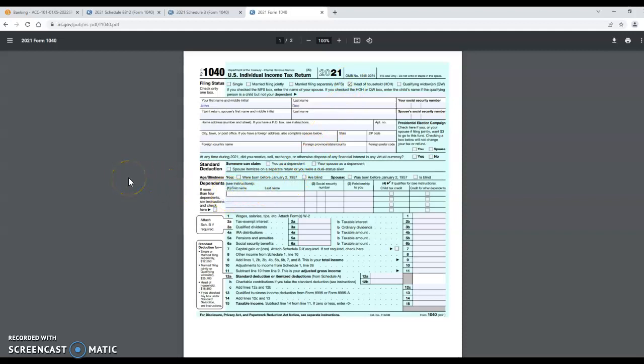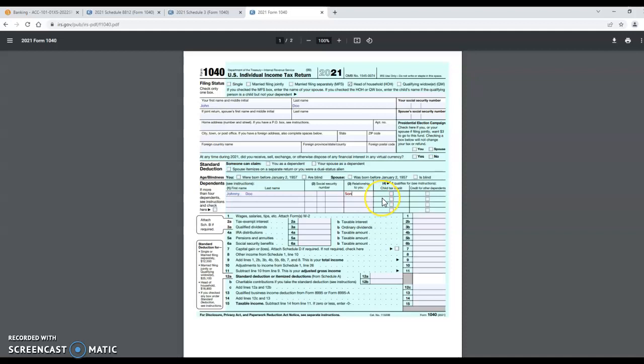John has a son, Johnny, and Johnny's social security number. Johnny is his son. His son lives with him. His son is 7 years old and lives with John at John's house.